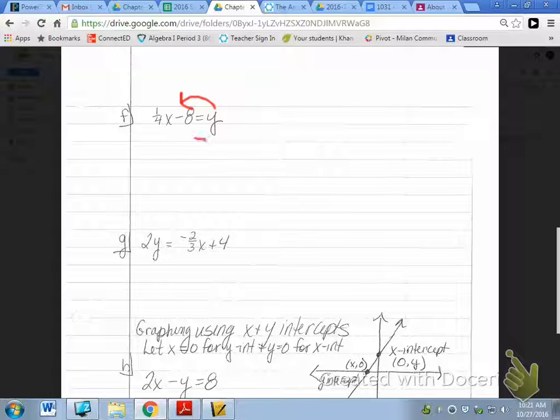I would subtract y, and that's what we're going to do. So I have 1/4 x minus y minus 8. What's it equal? 0. Okay, I'm closer. Got my x term first and my y term second, but my constant term has got to go. So add 8.